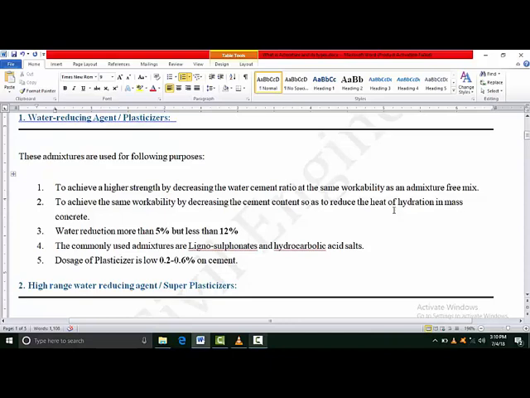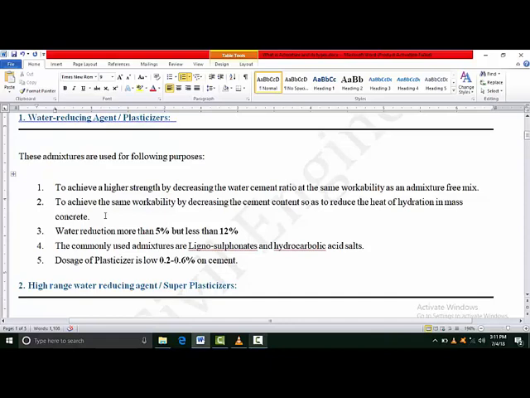There is less diffusion of water inside it, which means our concrete becomes impermeable. As well, by decreasing the water cement ratio, our concrete gains more strength than at the water cement ratio it already had.